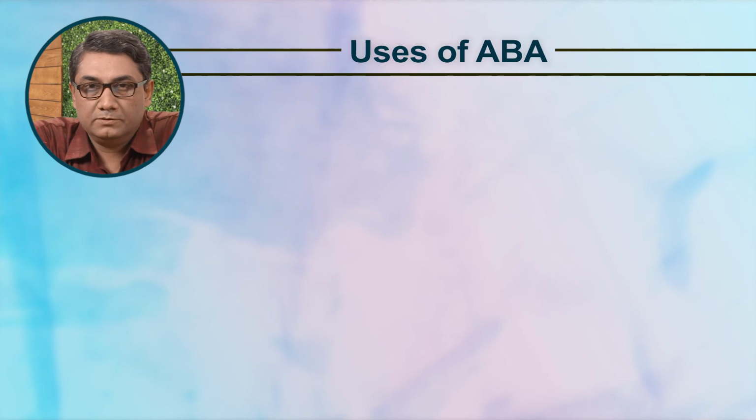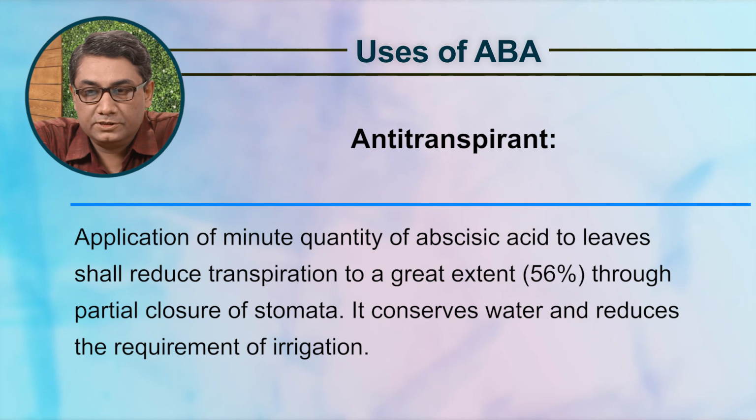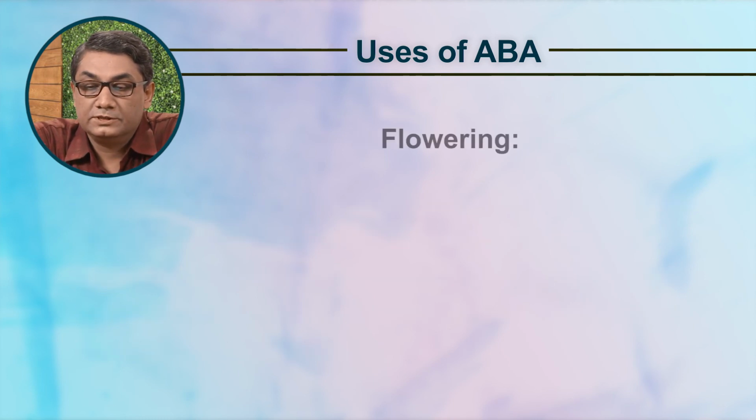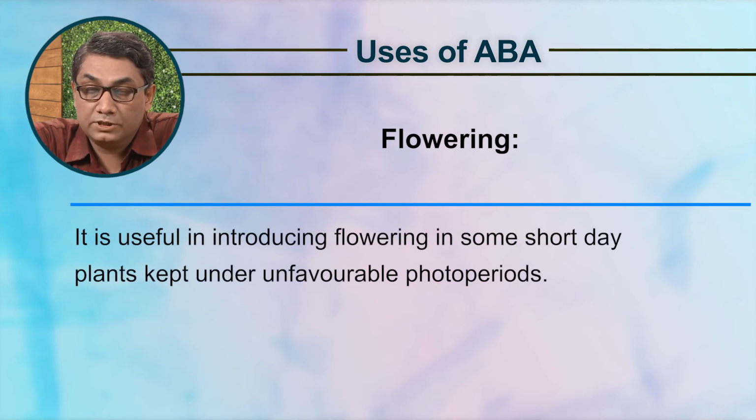Now, there are several practical uses of ABA. Since it is an anti-transpirant, its application can reduce the rate of transpiration in plants by up to 56% in the field. Consequently, this can conserve water as well as reduce the requirement of irrigation. Similarly, in some short day plants which are kept under inappropriate photoperiods, ABA can induce flowering.